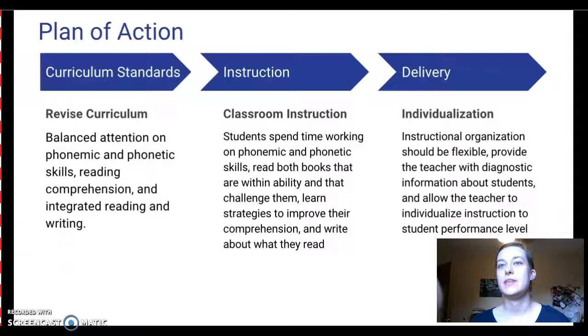So we need to have the instruction organized so that it's flexible and students of different levels can all learn at their varying paces. And the teacher needs to be able to continually assess them so they know what level they're at and what level they need to be working at.